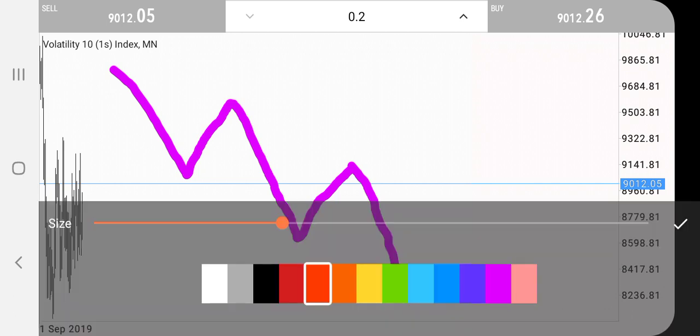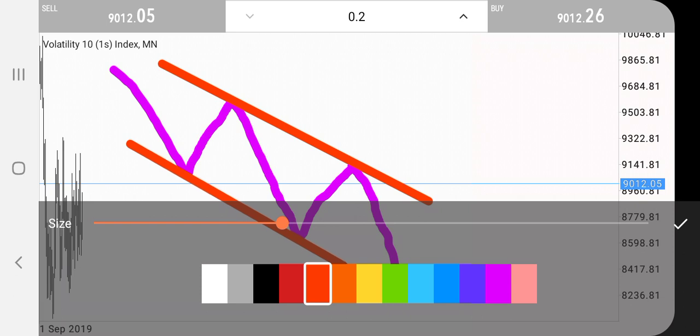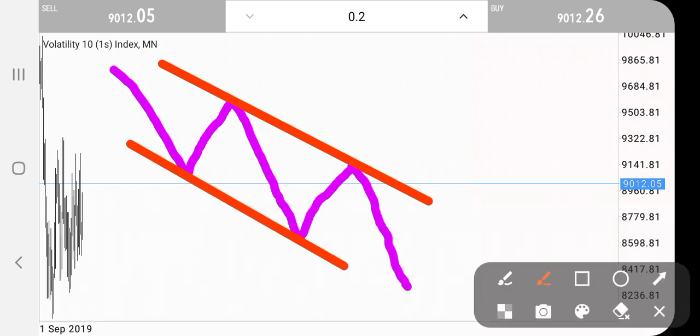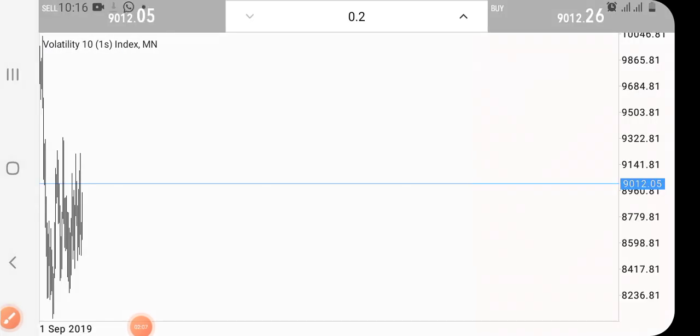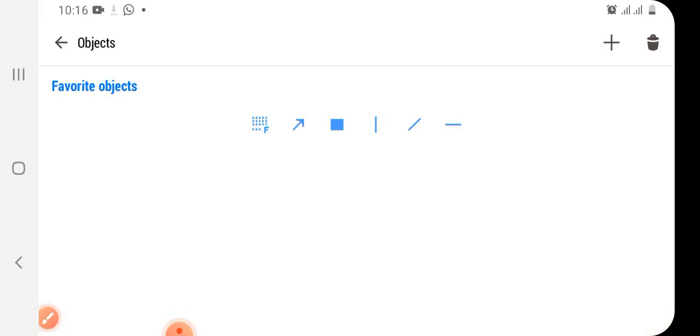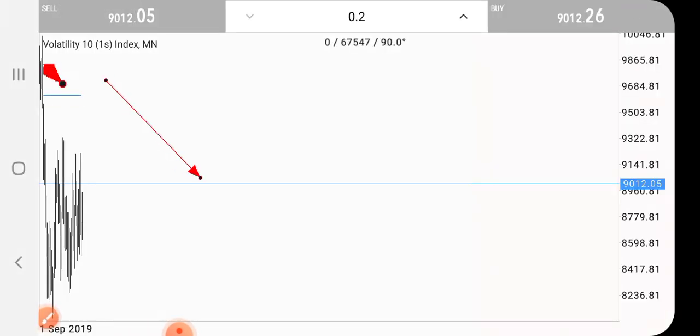This is what we call our downtrend. The market will move from this position and come and make lower lows like this. Let me use this set of arrows.